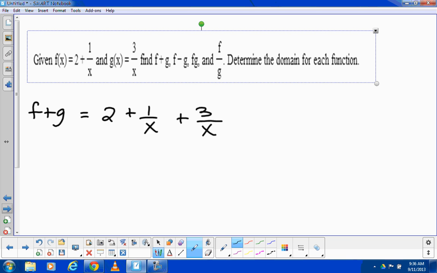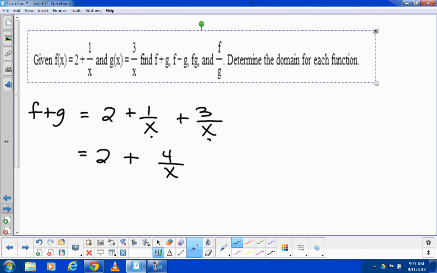Let's take a look. They already have a common denominator right there, right? So those would be like terms. So I just bring down my 2. This would be 2 plus 1 and 3 is 4. Now, would I say x plus x is 2x? Right, you just keep it the same because you don't change the common denominator, do you? That's it right there.